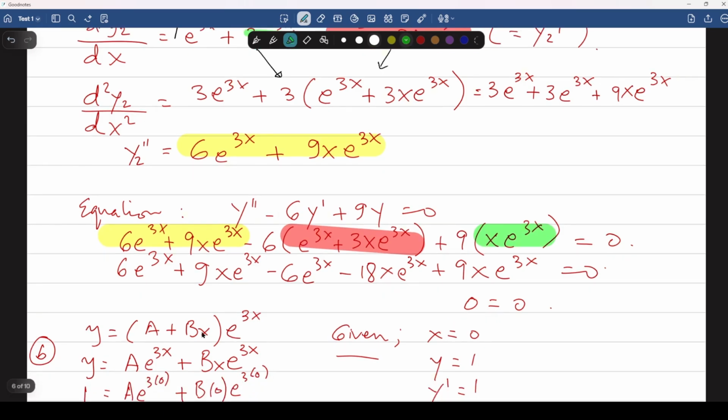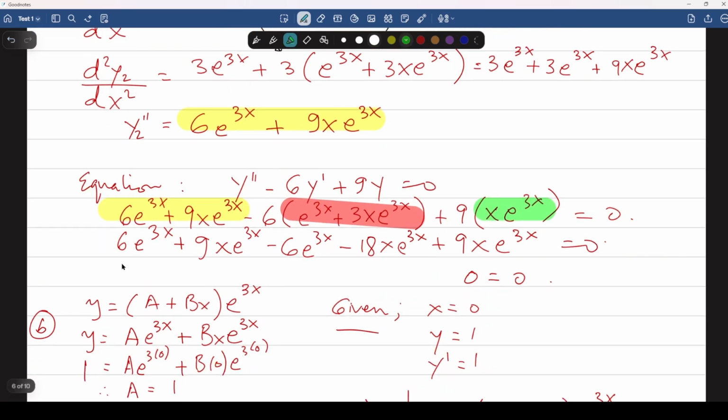There you go. So sum it up, the whole thing will in fact lead to 0. If you sum it up, for example, 6e to the 3x and negative 6e to the 3x get cancelled. Similarly, 9x e to the 3x plus negative 9x e to the 3x, or negative 18x e to the 3x, cancel.